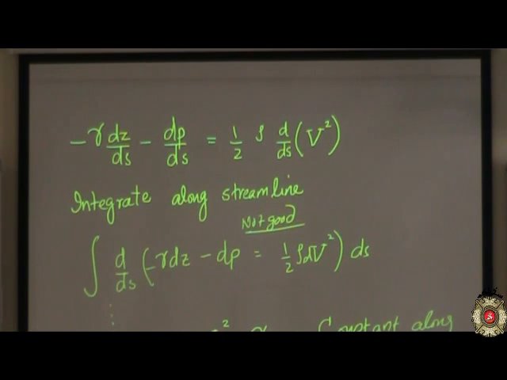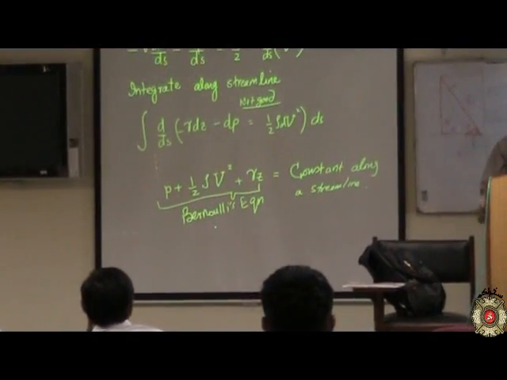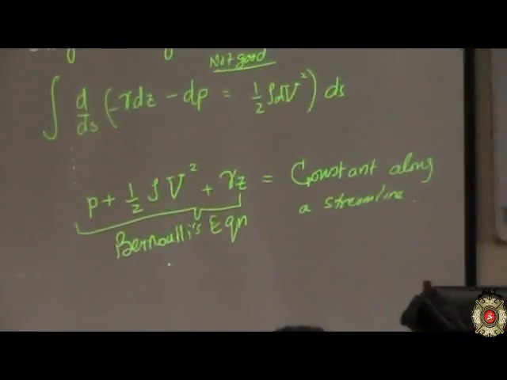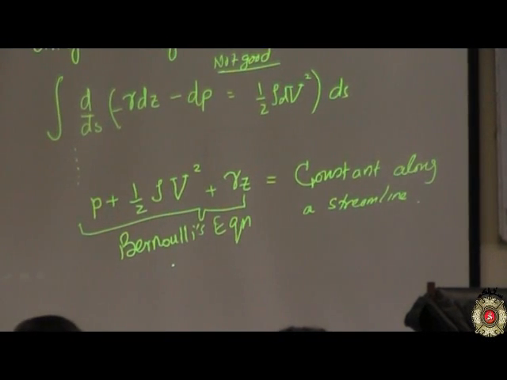Now this equation is known as Bernoulli's equation. The physical significance of this equation is that it gives you a relationship between P, the pressure, the velocity field, and let's say if you are moving the fluid in a z direction.